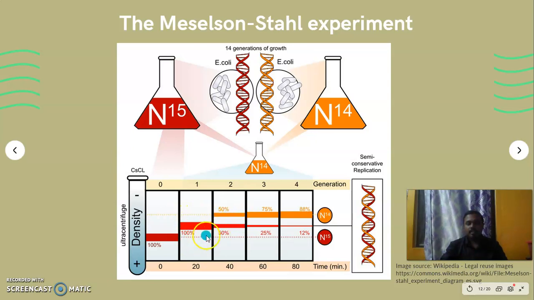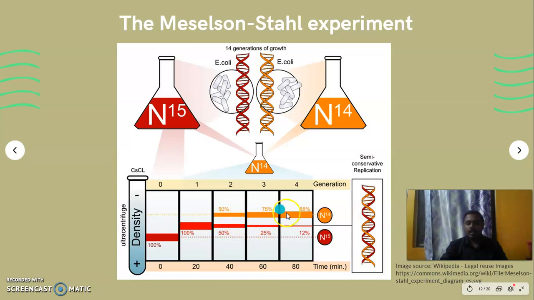In the second generation, generation 2, you could see 50% had strands from the intermediate band and another 50% from the lighter N14.